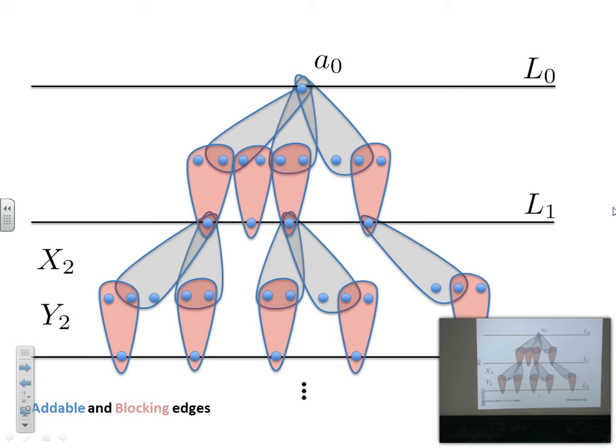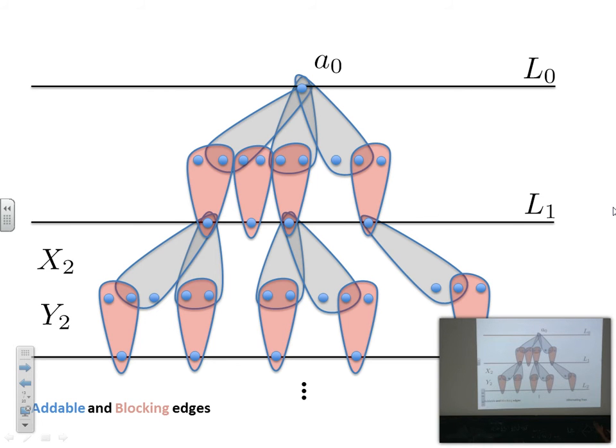The main difference between the graph case and the hypergraph case is that I call the blue edges addable edges and the red edges blocking edges, and these red edges always come from the partial matching, if you recall. A single addable edge can now intersect up to R minus 1 blocking edges.